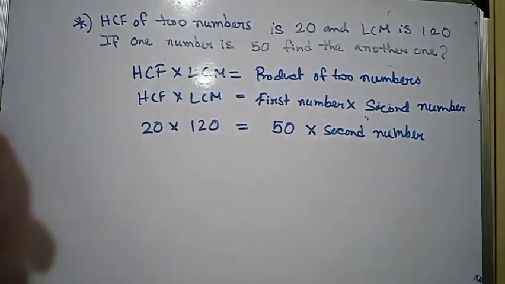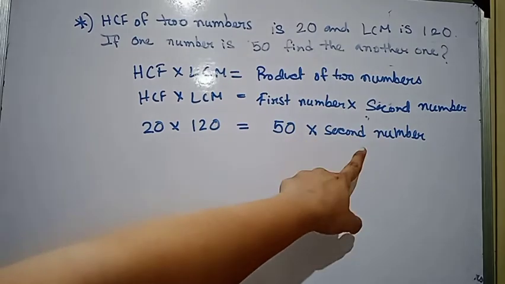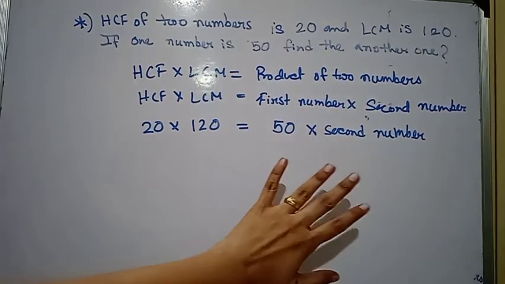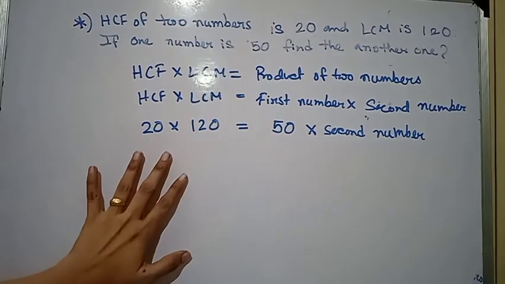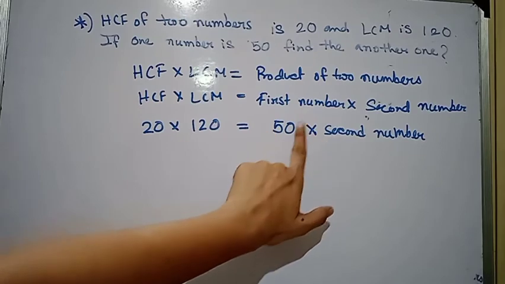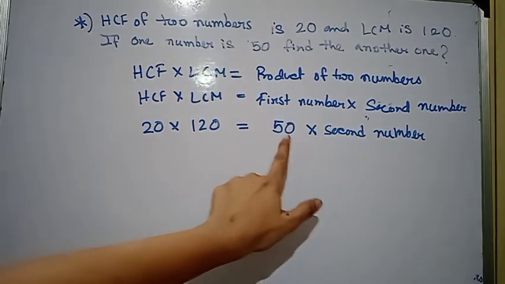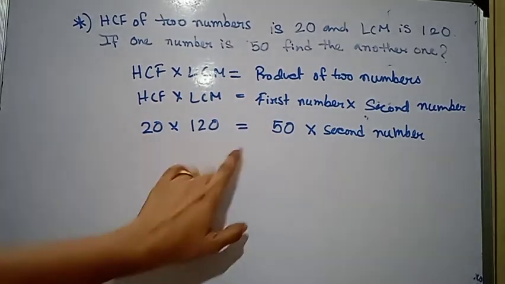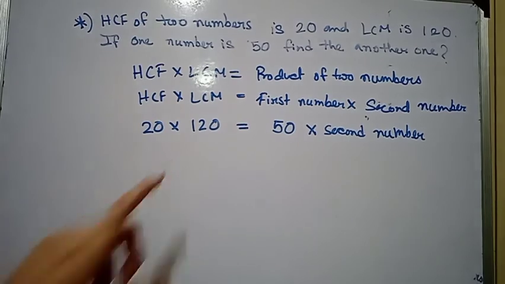Now 50, the first number, is in multiplication with the second one. They are in product. So if I want to take 50 to this side, that is we want to change the side, then if I take this 50 to this side of the equal sign, we are going to divide by 50, right?